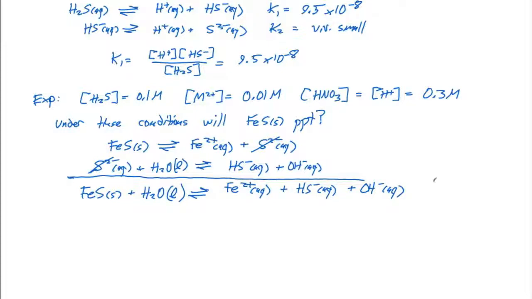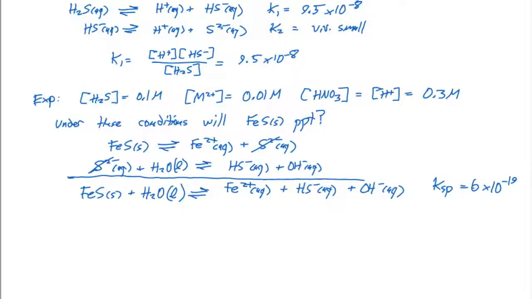Typically, you'll see a KSP value written for this entire overall reaction. And for iron sulfide, our KSP is going to be 6 times 10 to the minus 19. So if you look on some of the KSP tables, sometimes you'll see a little star for FeS or MnS or bismuth sulfide.